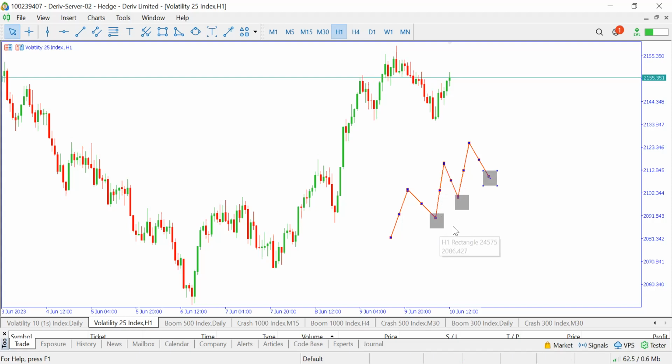So buyers generally want to buy at a very low price, while sellers want to sell at a very high price. So looking at this bullish trend, the best possible places in which we would buy and want to make maximum profit would be at the higher lows of the market.